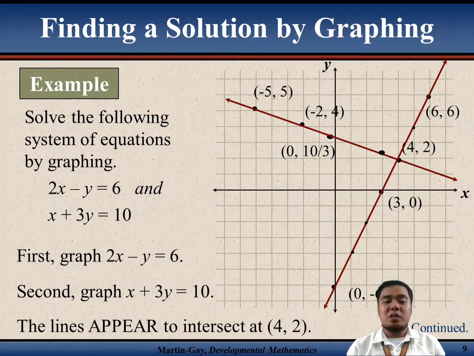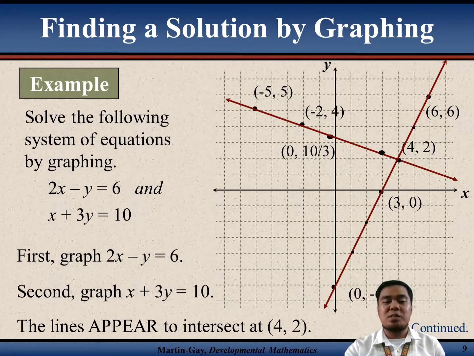So take note of our graph. The two graphs intersect at the point (4, 2). With that, I can consider that (4, 2) is the solution of the system of linear equations.